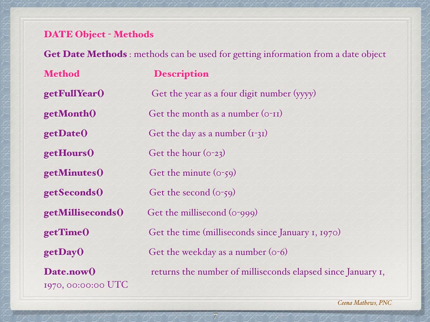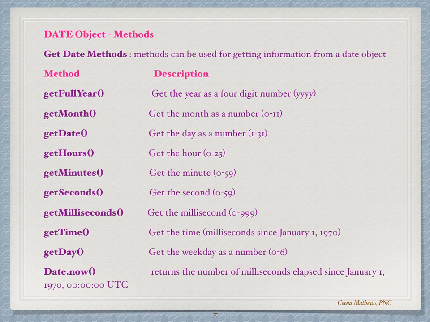getTime will get the time, that is, it will be displayed in milliseconds since the milliseconds are calculated, that is, as I said before, January 1, 1970 is considered as the zero time.